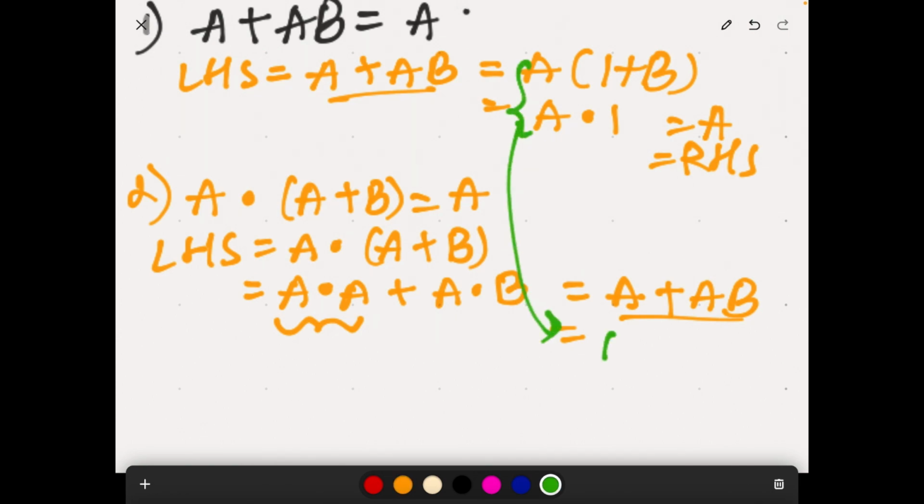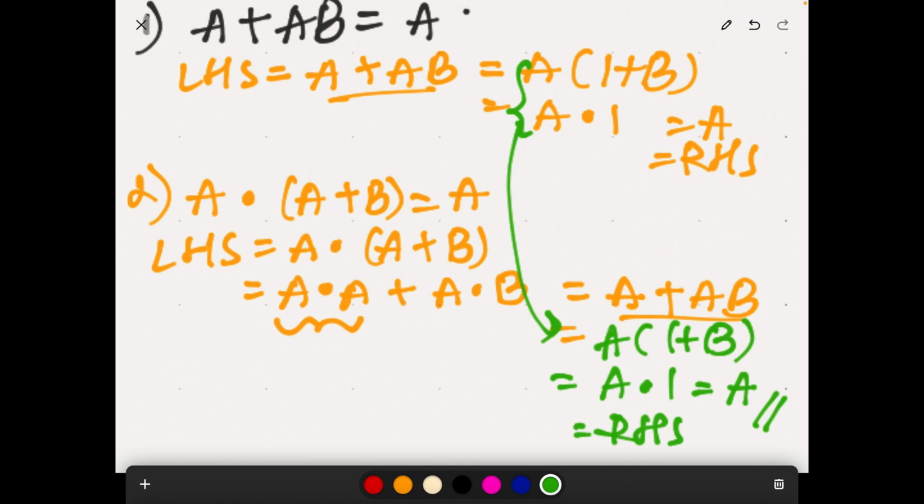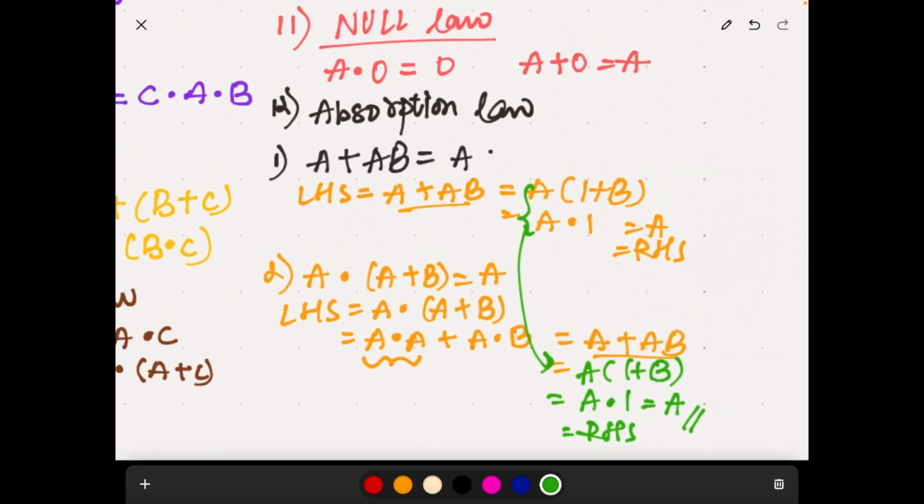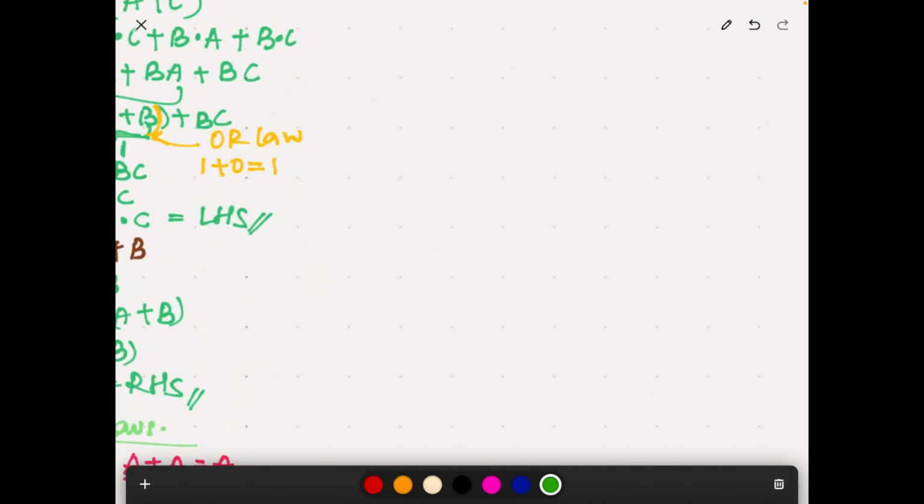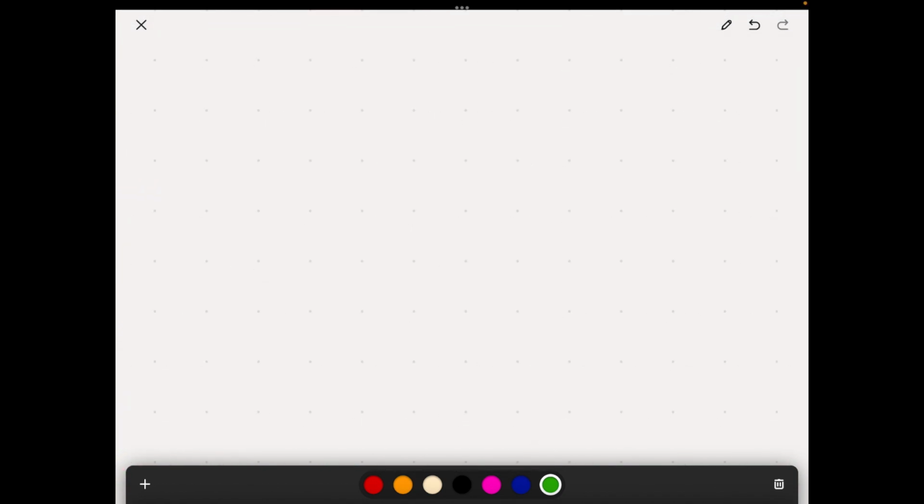So this will give you A. Very simple it is. In exams they do not ask this at all because they know we are going to be preparing for this, so they don't ask it. But this becomes a very important part for bigger problems, so you need to know this. This is very basic also. If you just look at this PPT once, then also you'll be able to understand.